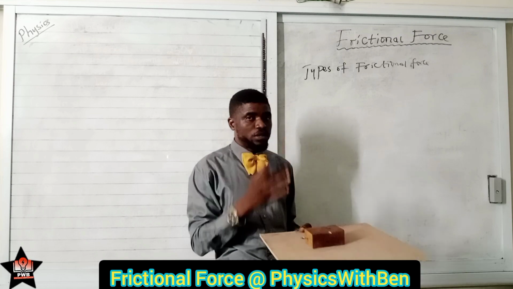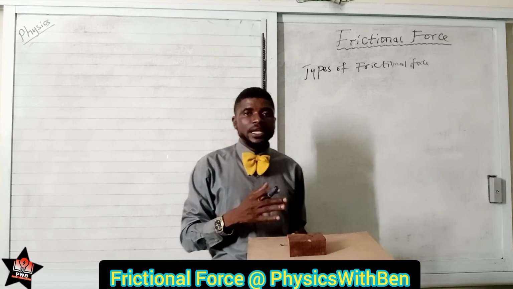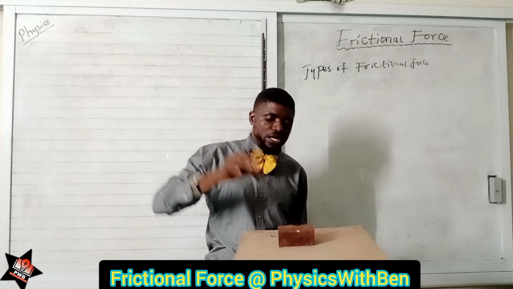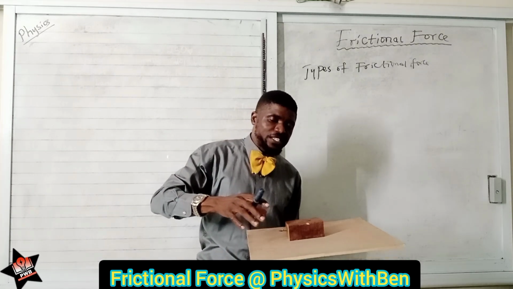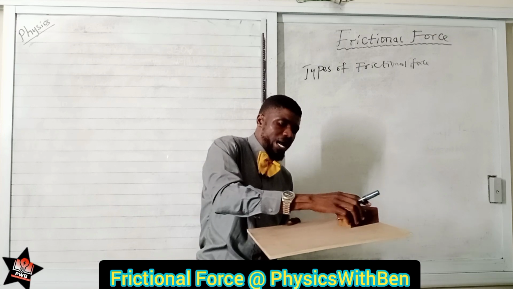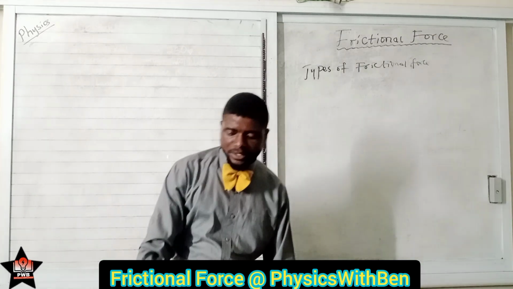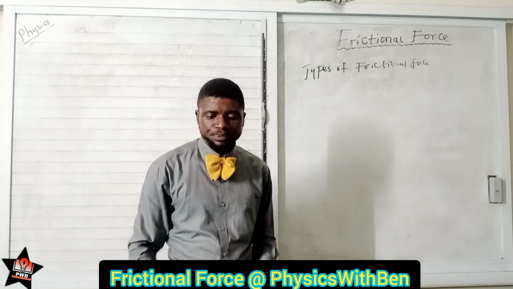And then we have the other one, the dynamic or kinetic friction, when an object is sliding over another object, as you can see me doing it right now. So let's look at their proper definition.